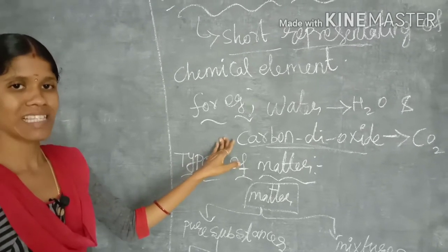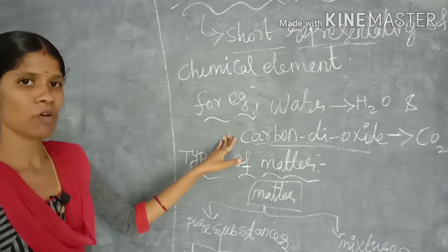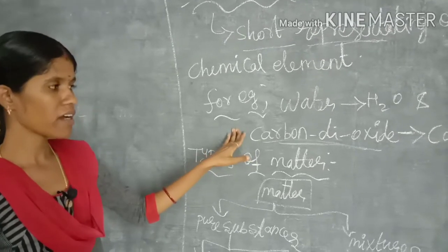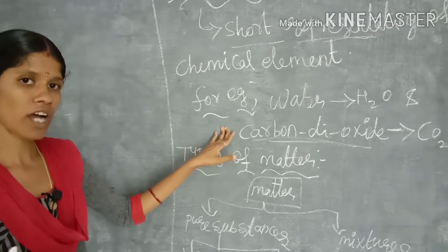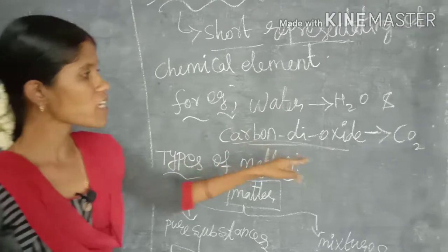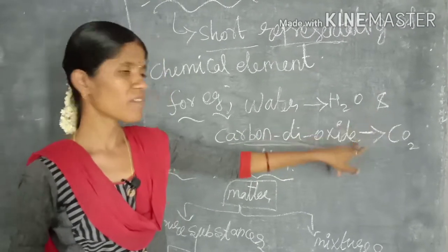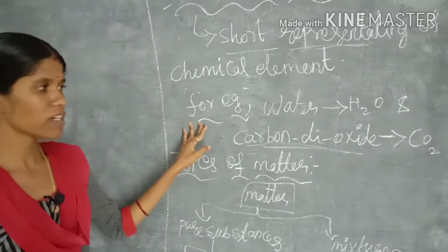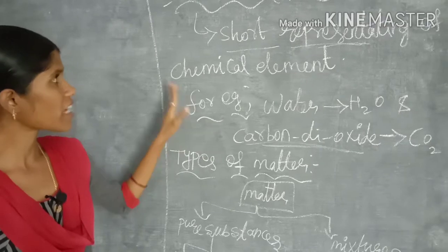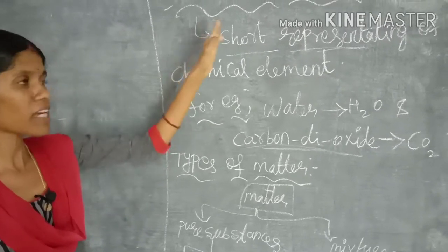So to save time, by using the chemical symbol we can speed up the writing. That's why they are given the chemical symbol.